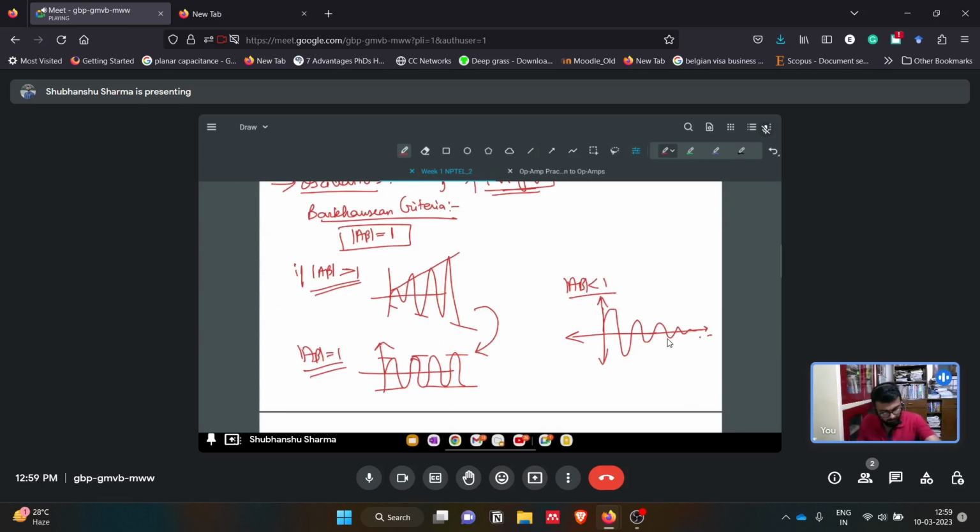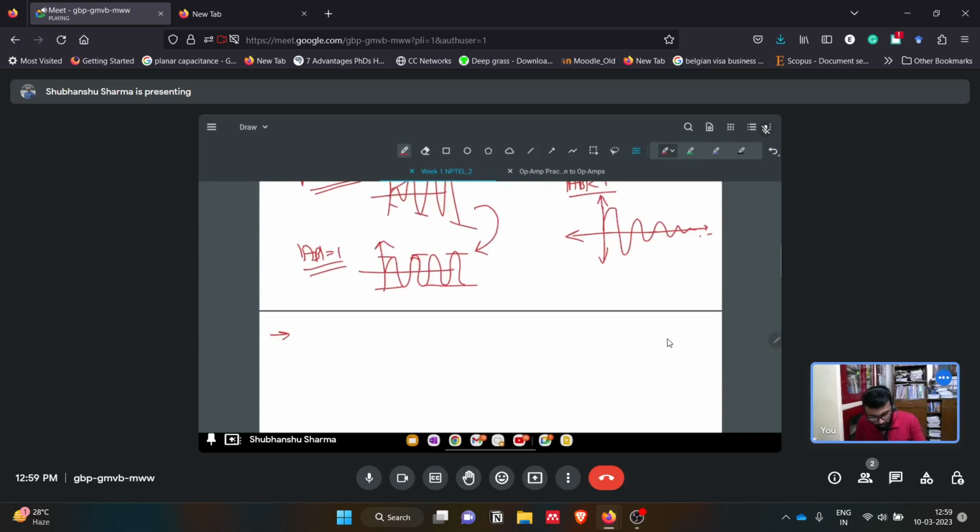So for low frequencies we have RC phase shift circuits, and Wien bridge circuits. Then for high frequency we have LC tank circuits.